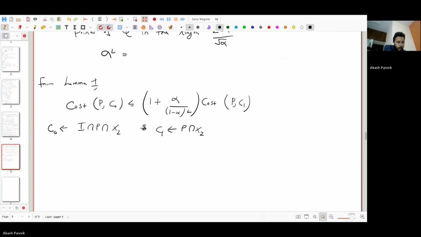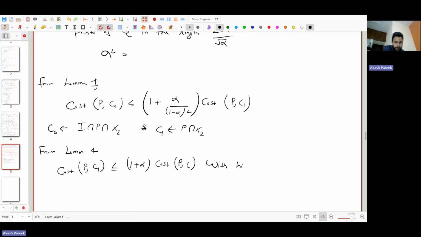Again, from lemma 4, we know that the cost of P on C1 is bounded by 1 plus alpha times the cost of P on C with high probability. Right? So this is also what we know.